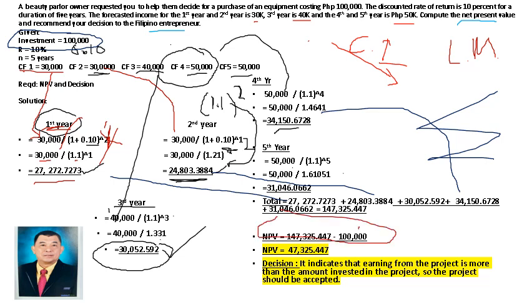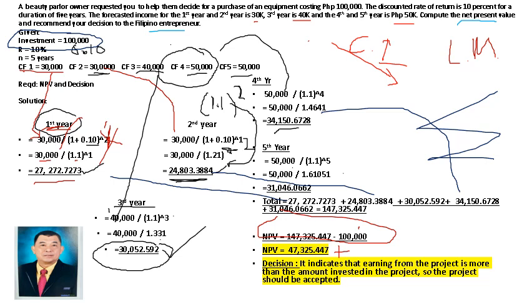So you have a positive 47,325. That is your final net present value. If you invest 100,000 in that kind of business, it will give you a net present value of 47,325.